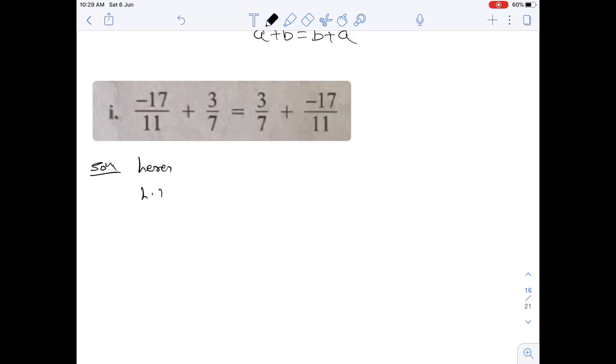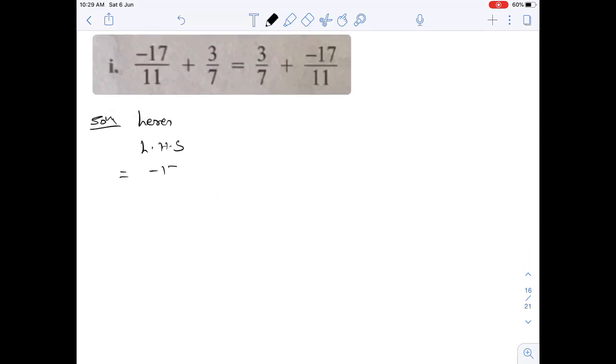Here LHS equals minus 17 upon 11 plus 3 upon 7, that equals, now we will solve it by the cross multiplication method. So first we will multiply this 7 with this 17, then this 11 with this 3.